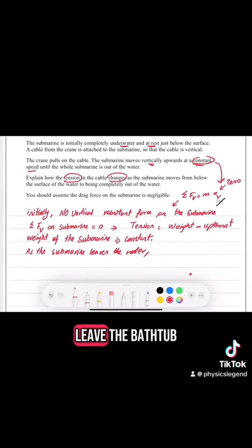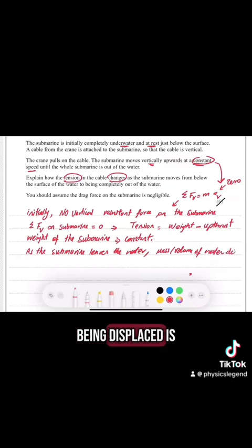But when you leave the bathtub, what will happen to you? The mass of the water being displaced is going to be less. So as the submarine leaves the water, the mass or the volume of the water being displaced decreases.